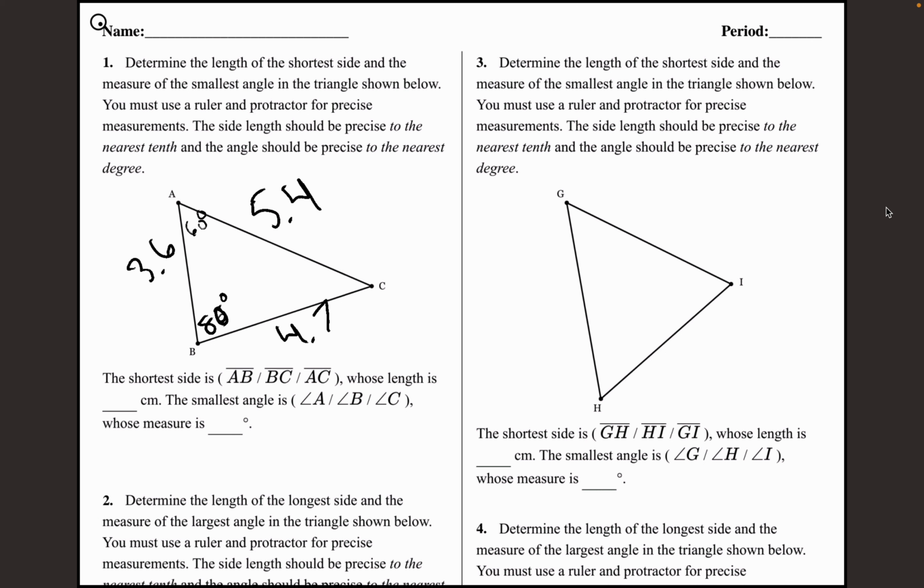All right, let's talk about some of these answers, okay? If you're still working on it, that's okay. All right, number one, who can tell me what did we get for our shortest side? And what was our smallest angle?